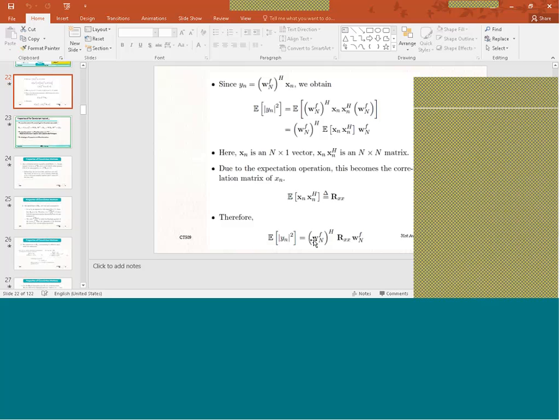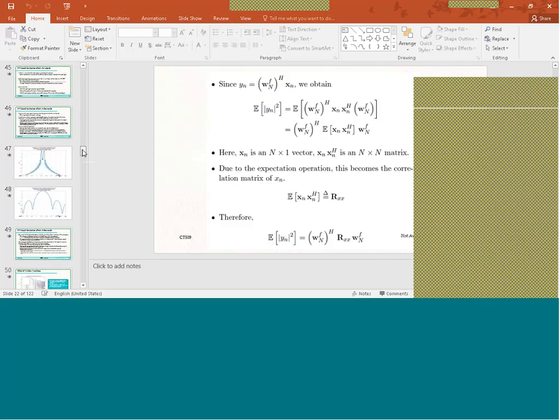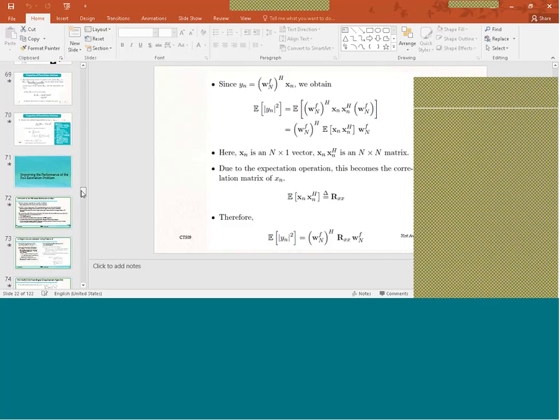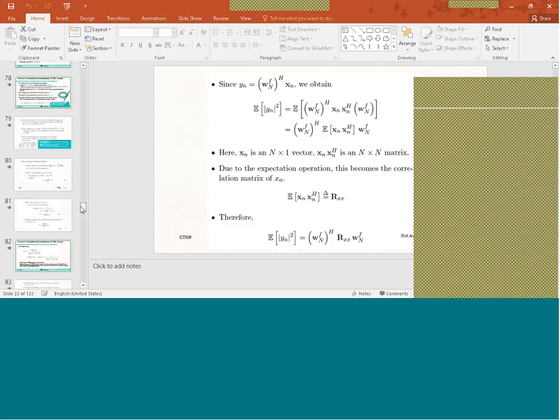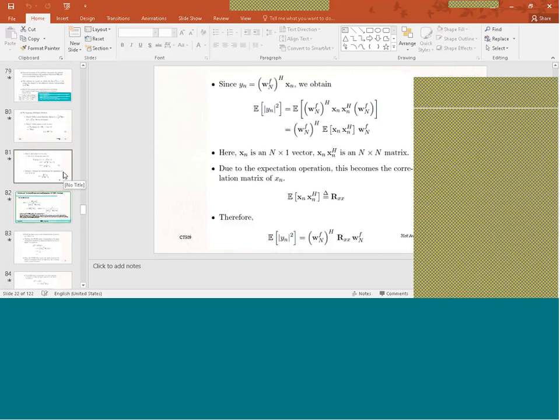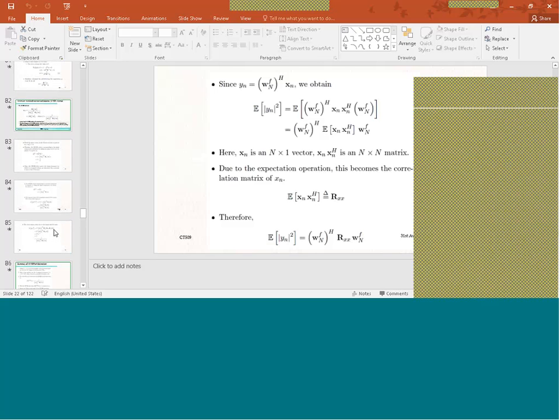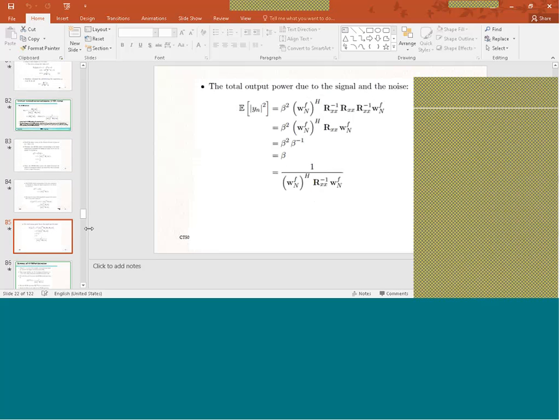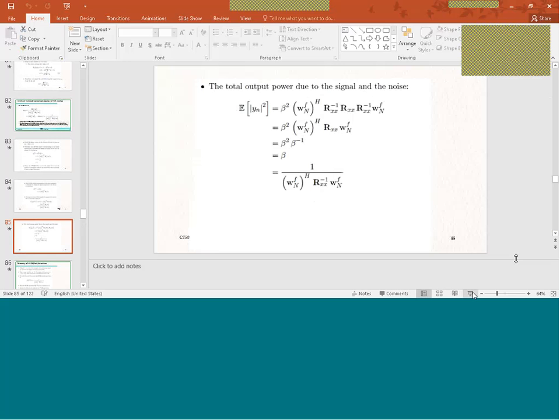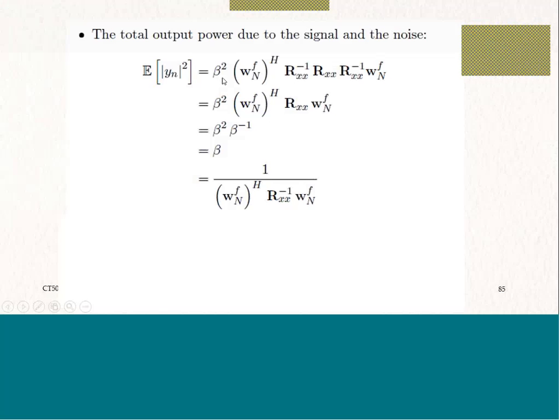All that I'm doing is, instead of Wf, I'm substituting the expression for the MVDR filter that we got. That is the only change that I made. The reason I'm spending a little more time on this is because now for the MVDR case I am getting a very specific answer, which is what I am showing over here. The first line came from slide number 23, and then the rest of the lines are just simple simplifications of the first line.